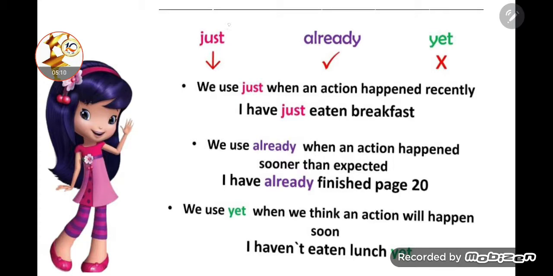نيجي نبلش ب just معناها الآن فقط، يعني أو حالا. We use just when an action happened recently. recently يا مسهم معناها حديثا، يعني بيكون الحدث منتهي حديثا، لسه انتهى حديثا. زي لما أحكي مثلا I have just eaten breakfast، يعني أنا لسه هلأ تناولت الإفطار. أو ممكن أحكي she has just finished her homework، أو she has just finished tidying the house.